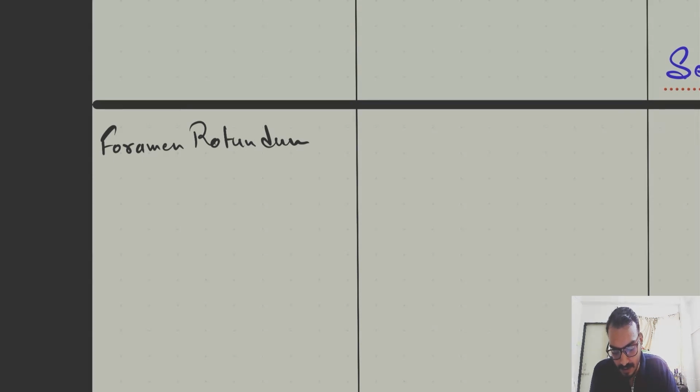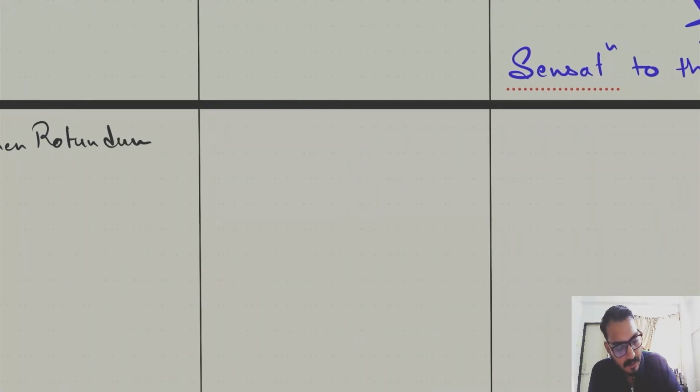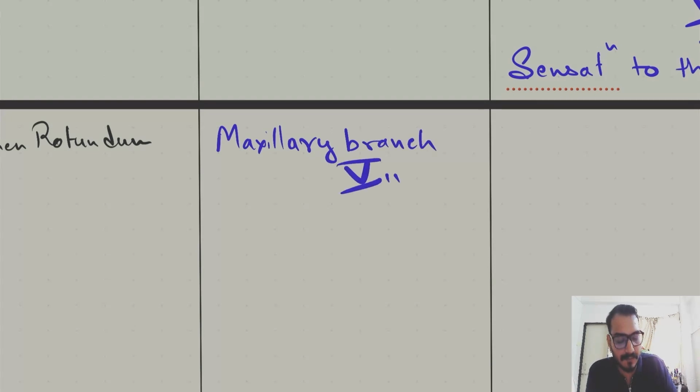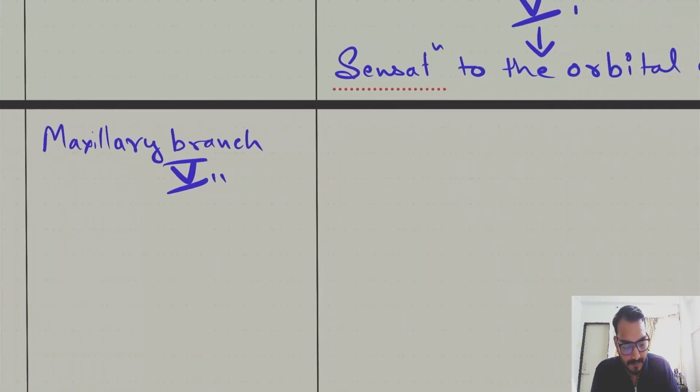Because the second branch of the trigeminal nerve, that is the maxillary nerve, V2, is coming from this foramen rotundum.